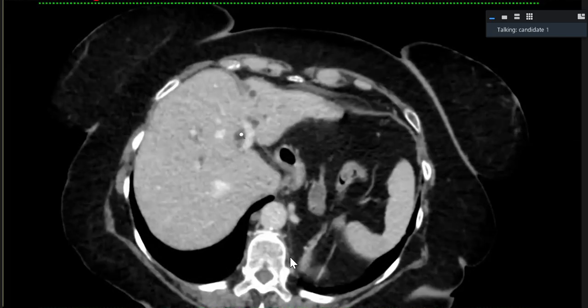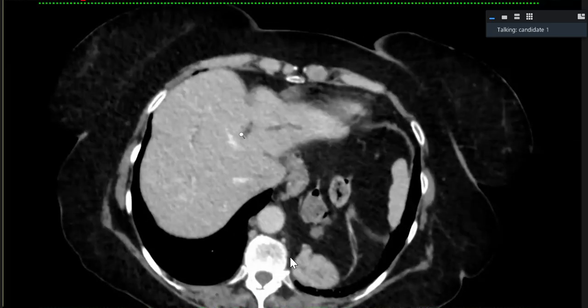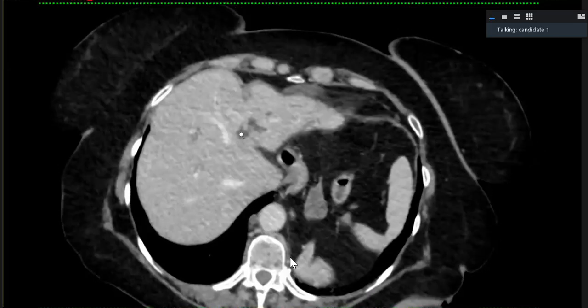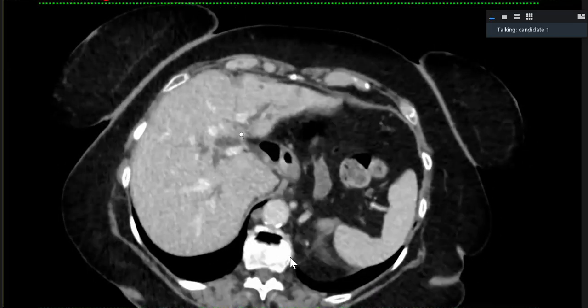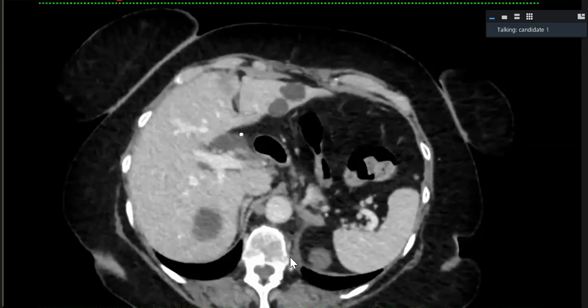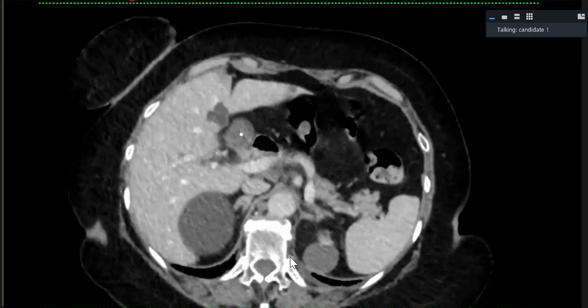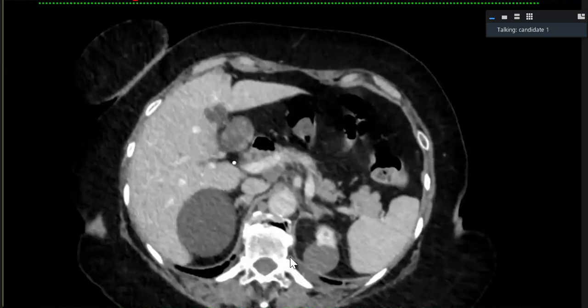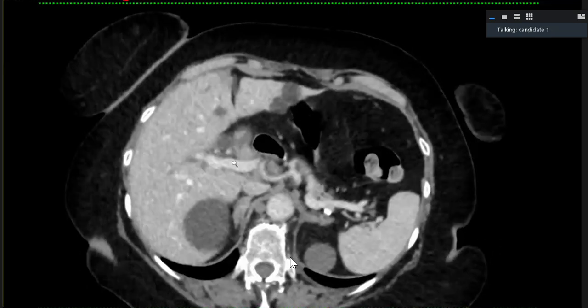I want to see the pancreas, to see where the CBD is. Here is the pancreas. Where is the CBD? This is the CBD here.